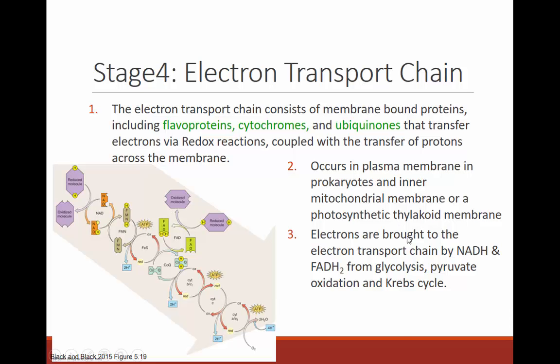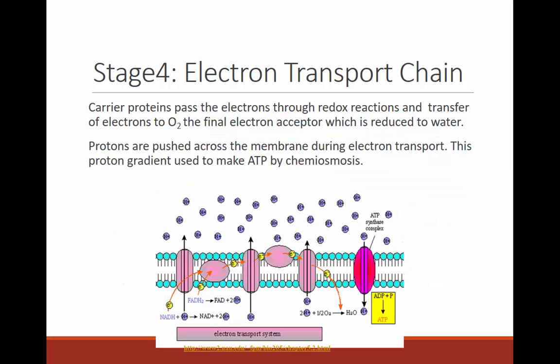And basically, this is a way of getting the energy through. Okay, so moving electrons and moving protons and then having oxygen as the final electron acceptor, and because that happens, you get the production of ATP. Okay, which is a really good thing.